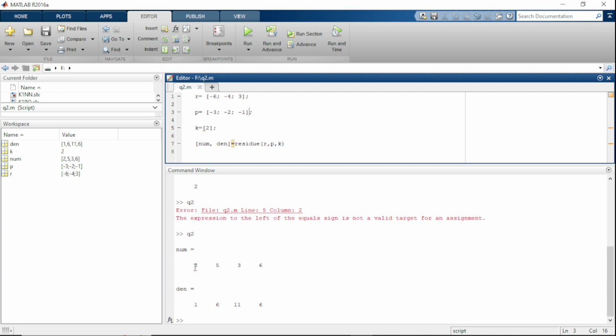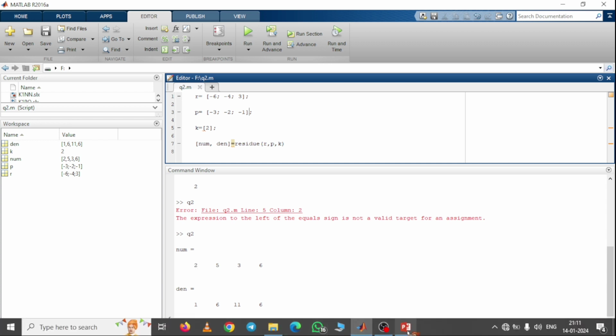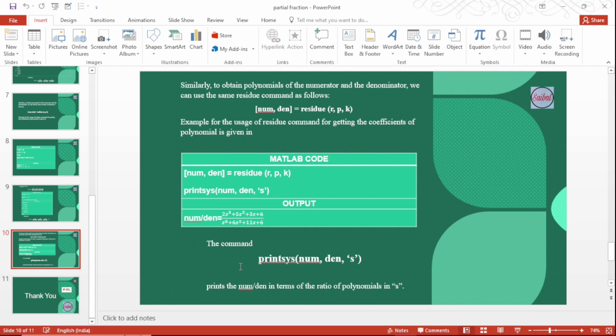Now if you want to convert this num and den as an s term, you have to remember one more extra command. So the command is printsys in bracket num comma den and the variable s. If you write this command, then you get the ratio of the numerator and denominator in terms of the ratio of the polynomial in the s form.